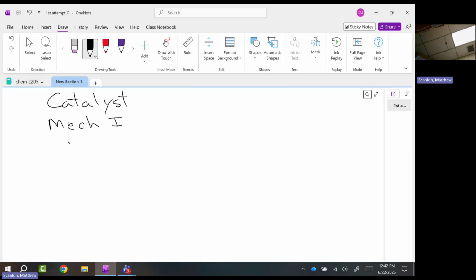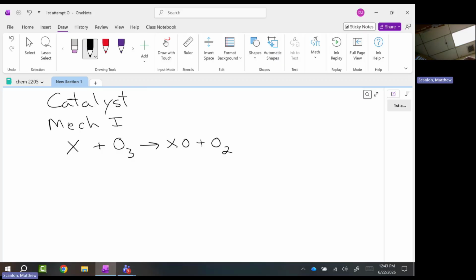Mechanism one: some catalyst, which we represent by X, and X can be a lot of different things. We'll give you an example later. X plus O3 yields XO plus O2. So it helps abstract the oxygen.